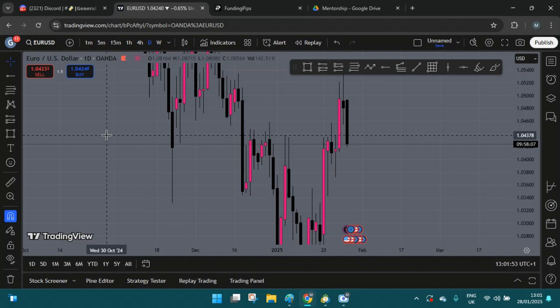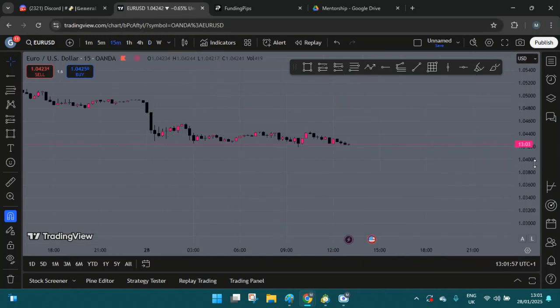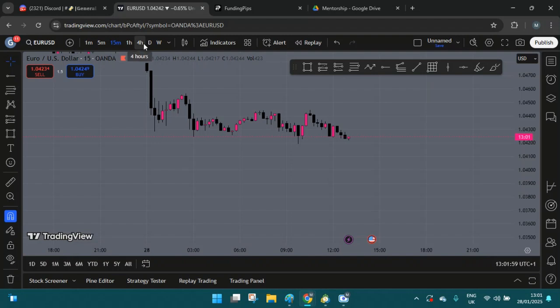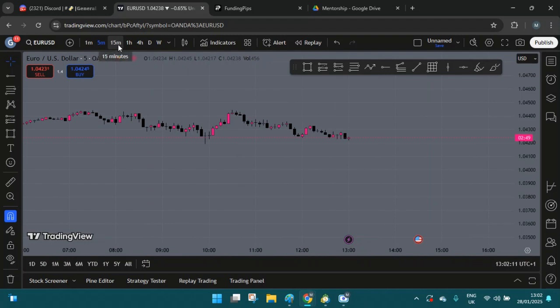But the problem is your entries have to be lower, because on a higher time frame the moves take a long time. So you use the higher time frame to find your story, the most accurate story you can, and then you use the lower time frames, 15, 5, and 1, to find your entry, to enter the trade and continue with the story. And that's time frames.